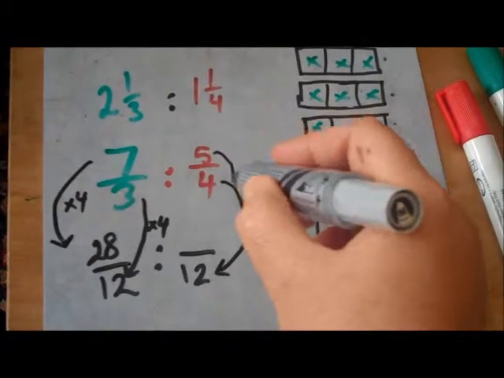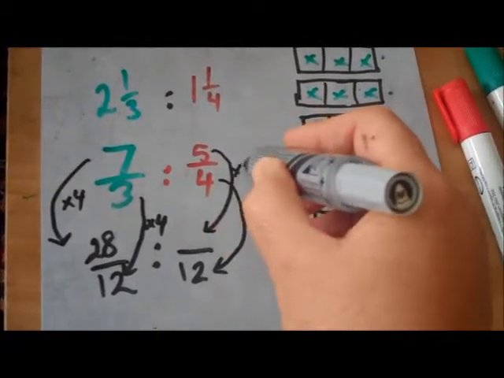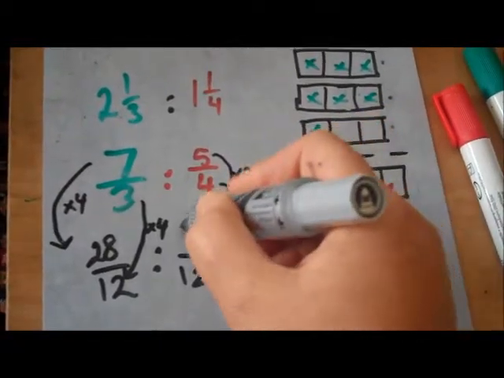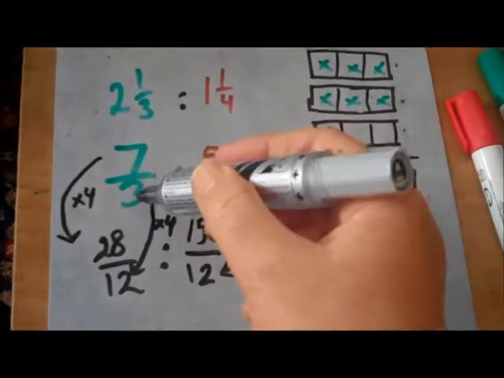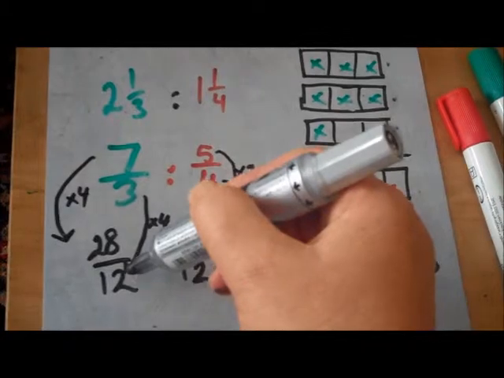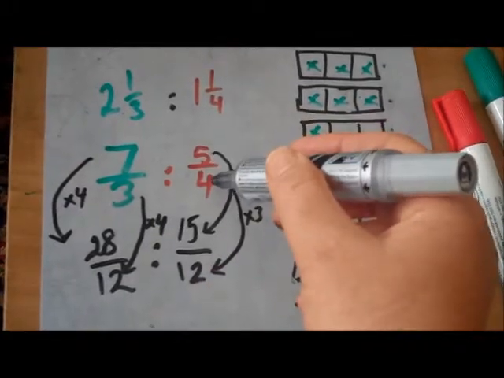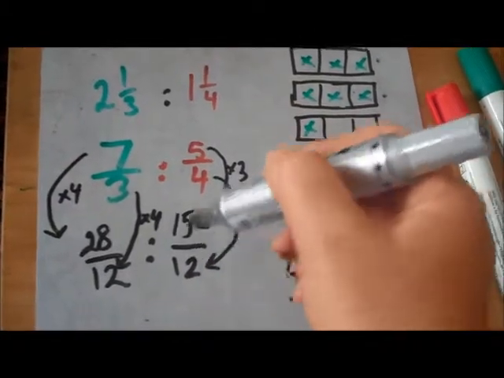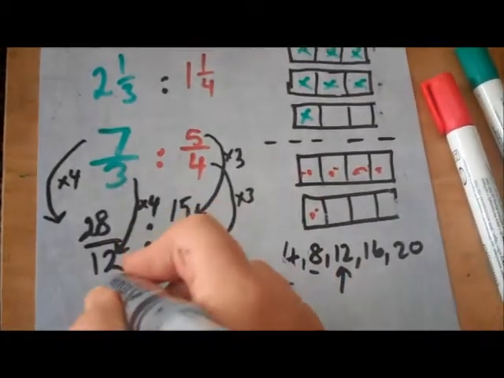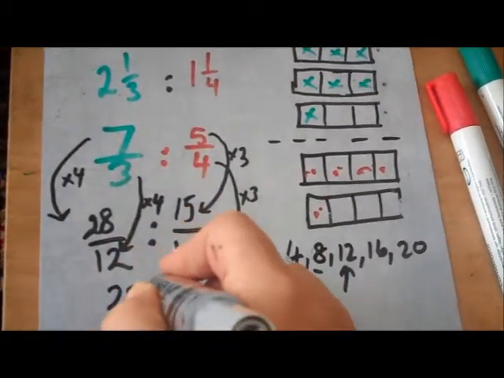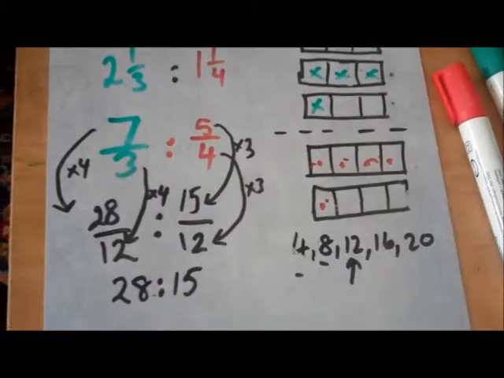So I've got to do the same on the top, times by 3. So I've got 15 twelfths. So 7 thirds is the same as 28 twelfths, and 5 quarters is the same as 15 twelfths. Now they are the same sized piece. I can say that that is a ratio of 28 to 15.